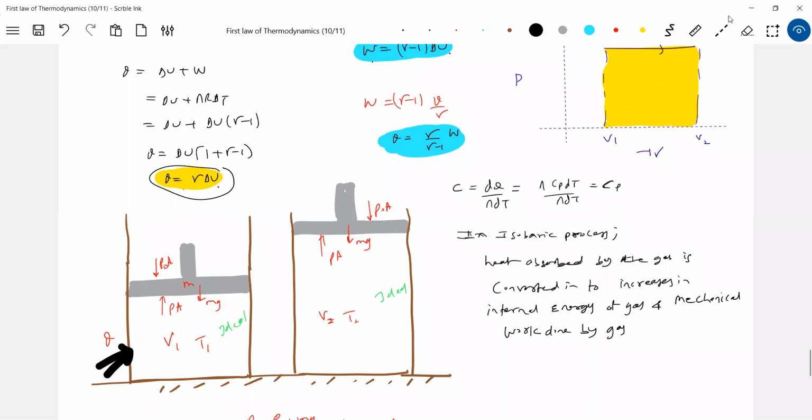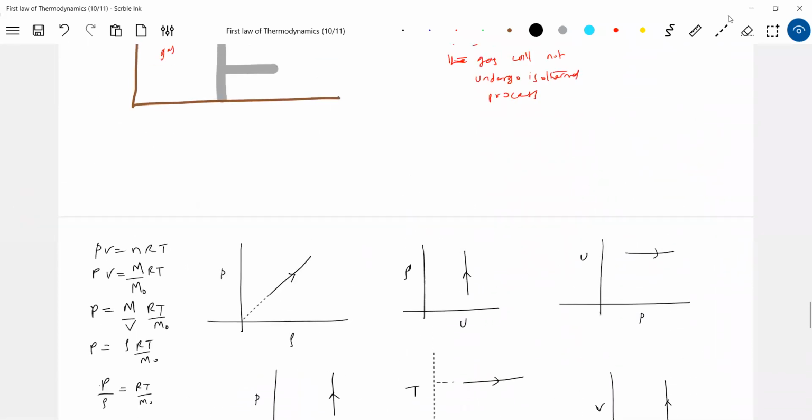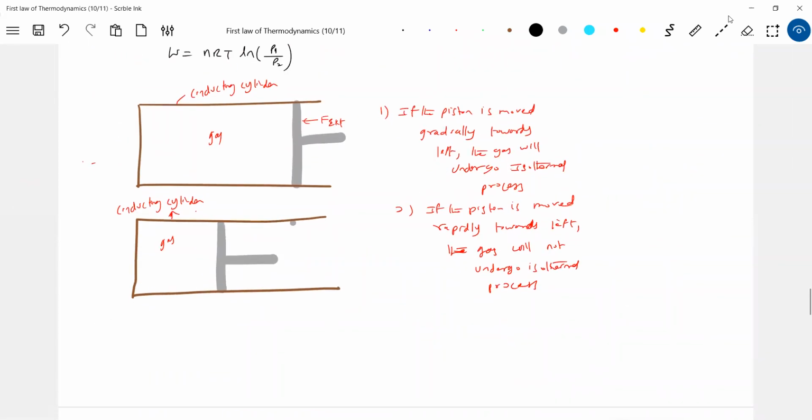So the external agent is going to determine what process the gas should undergo. For example, isothermal: why is the temperature of the gas constant? We are going to maintain it. If I maintain the temperature of the gas constant, it will be isothermal.